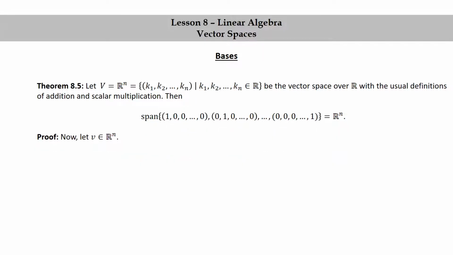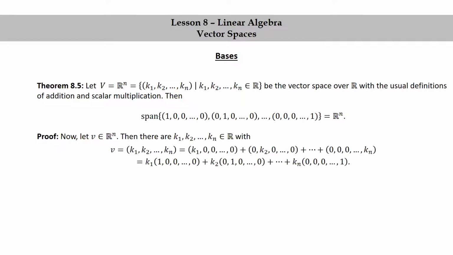Now, for the other way, let v be in Rn. Then there are weights k1 through kn in R with v equal to the vector (k1, ..., kn), which could be split up as the vector (k1, 0, ..., 0) plus (0, k2, 0, ..., 0) plus ... plus (0, ..., 0, kn), which is k1 times (1, 0, ..., 0) plus k2 times (0, 1, 0, ..., 0) plus ... plus kn times (0, ..., 0, 1).